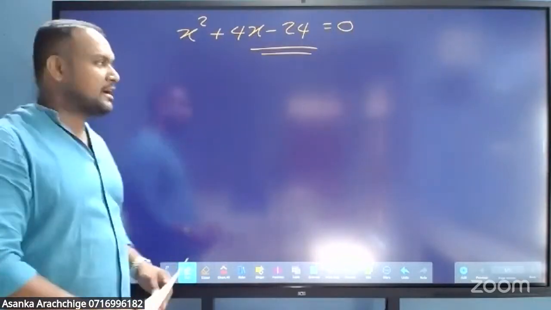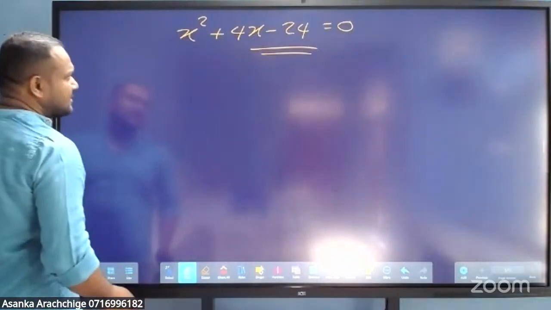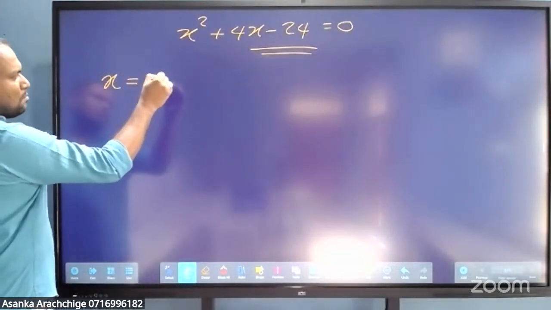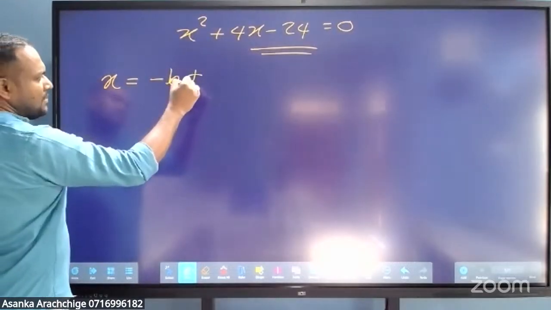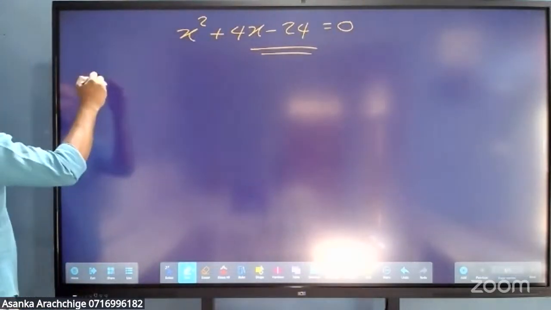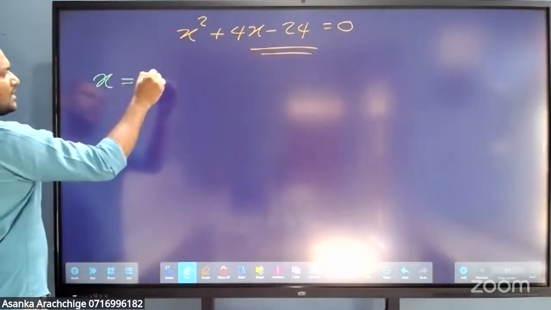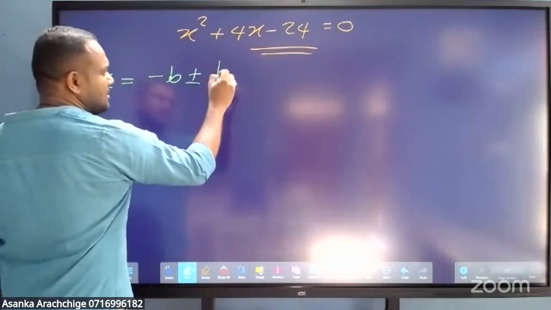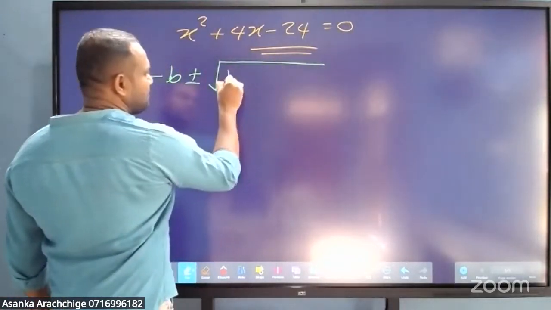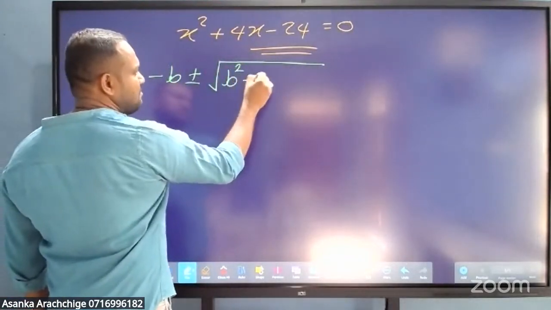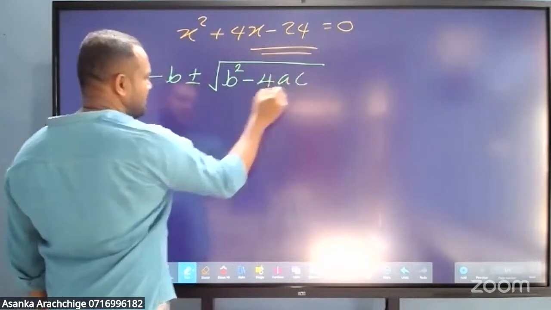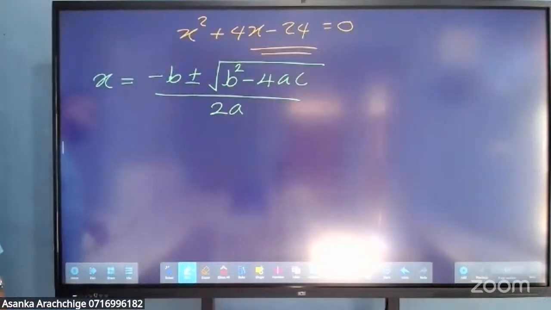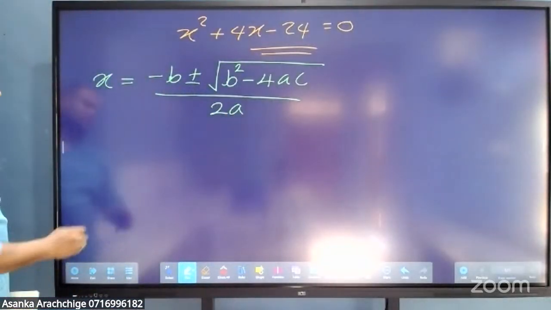Let's write the formula. X equals minus b plus or minus square root of b squared minus 4ac upon 2a. Am I correct? Now substitute.